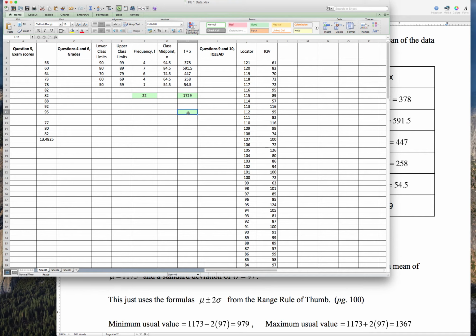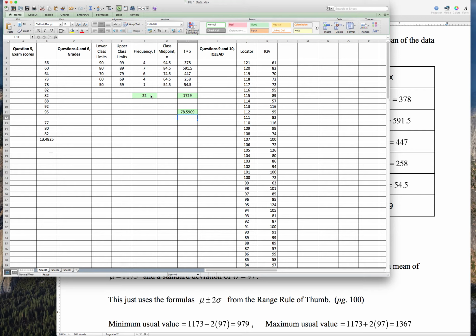So in that cell, we select that cell and we type equal. And we can either type in 1729 or we can select that cell and then the / for divide, and then this cell, F8, to divide by 22, and we hit return or enter, and we get the estimate of the mean.